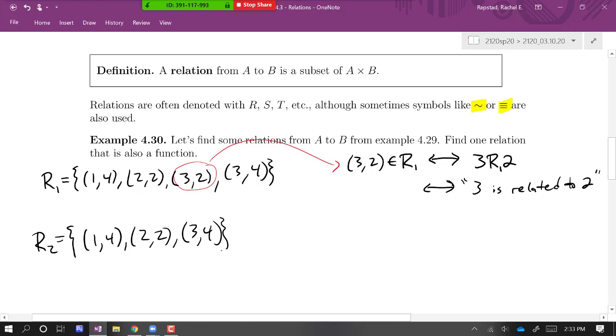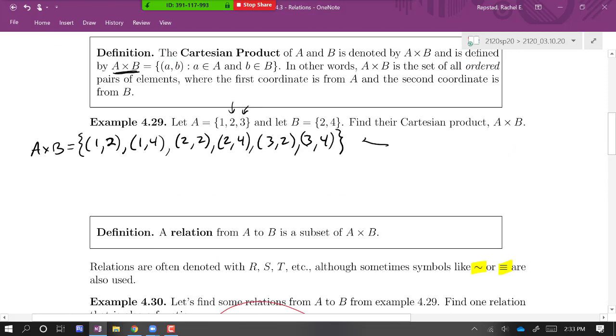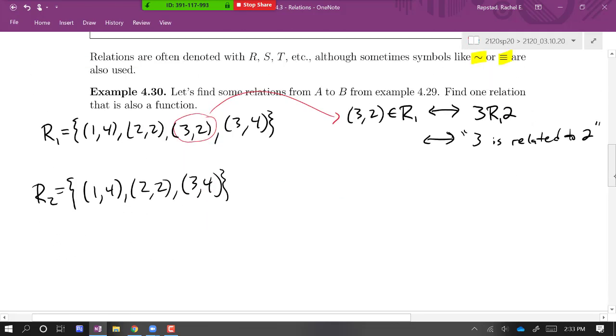Certainly that's a relation. Any subset of this Cartesian product is a relation. In fact, this relation, (1, 4), (2, 2), (3, 4), is also a function. So R2 is a function, and R1 is not.